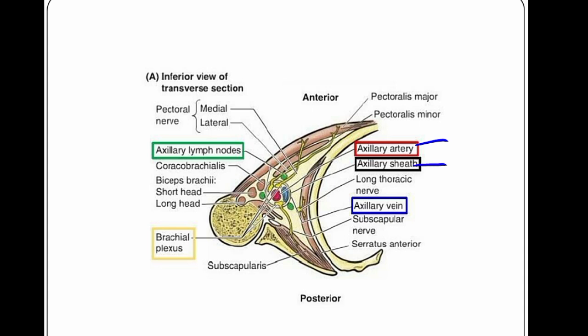There is an axillary sheath, an axillary vein, and the brachial plexus that is formed in the root of the neck, and it enters into the upper limb by crossing this space, the axilla. It also has axillary lymph nodes and axillary lymph vessels. Together, these are the contents of the axilla: axillary lymph nodes, axillary artery, axillary sheath, axillary vein, and brachial plexus. That is all about the axilla.